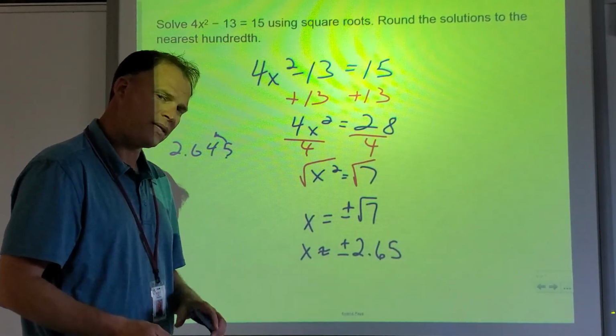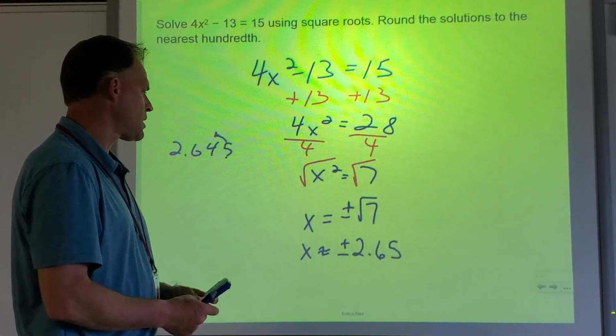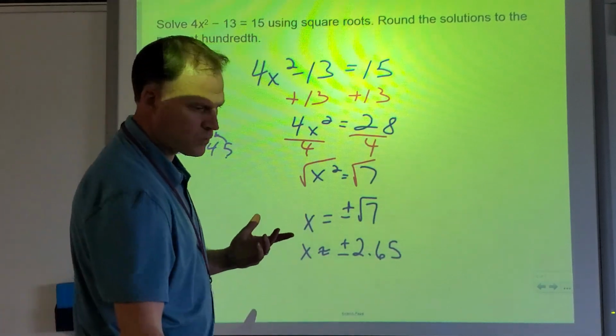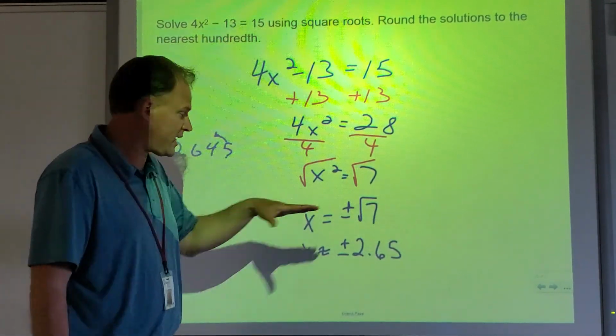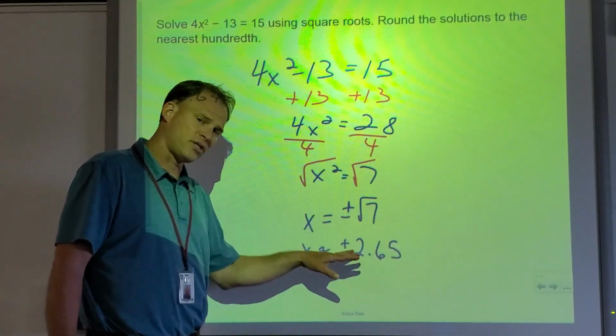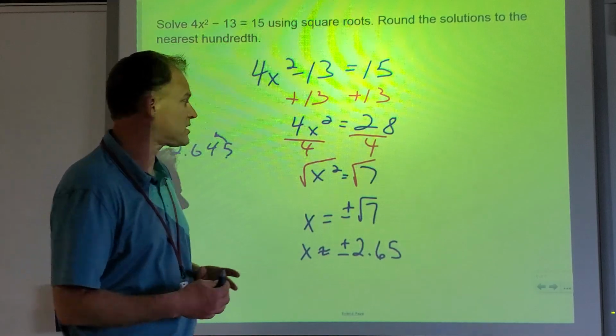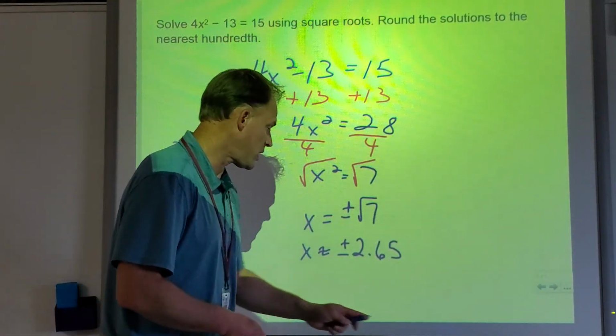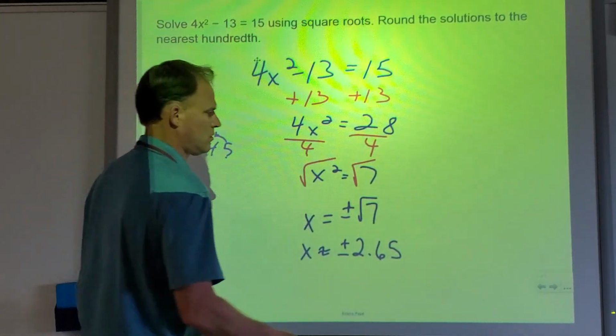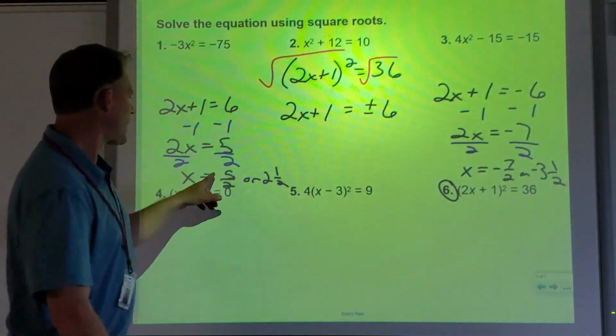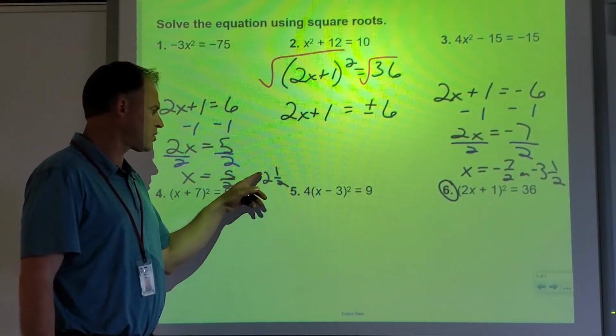Not sure how I feel about this, to be honest with you. I understand why they do it. Traditionalist in me likes this answer. I understand why they do this. All right, just follow the directions in the book. If it says to the nearest 100th, okay? Notice, I'm not rounding this. Okay, I'm not writing 2.5.